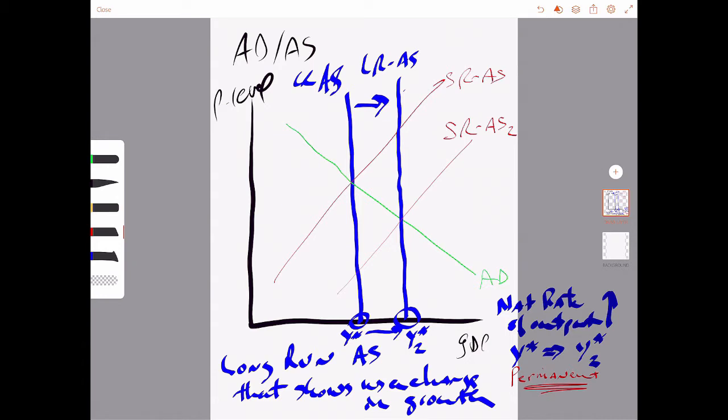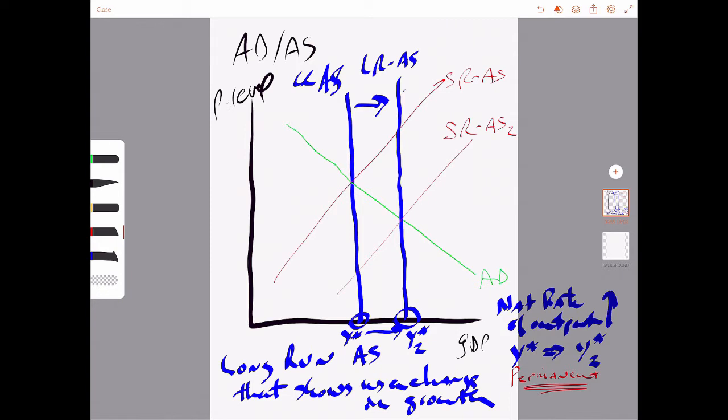Here, this is a permanent change. There's been something that changes fundamentally in the economy that moves that curve to the right. So that's one way of looking at economic growth, this permanent shift in the long run aggregate supply curve.